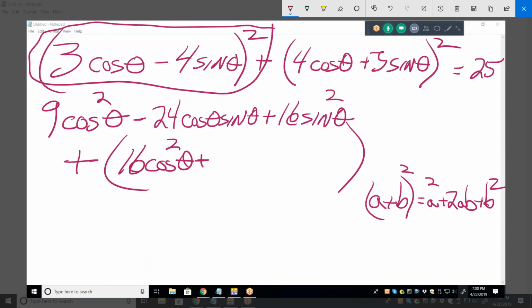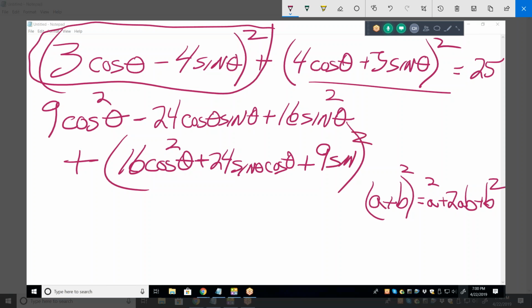So what's 2ab? 24 sine theta cosine theta. What's the last term? b squared, 9 sine squared theta.